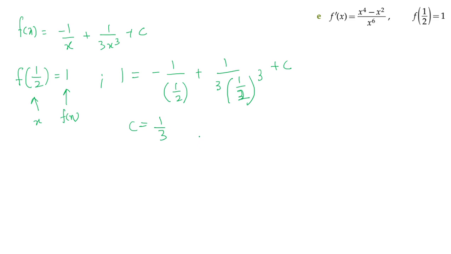Okay, so nak buat apa dengan c? Substitute back into the f(x). Therefore, your f(x) is equal to negative 1 over x plus 1 over 3x cubed plus 1 over 3. So therefore, this is the unique f(x). Kalau nak check, you boleh try to differentiate. Dapat tak f prime x awak tu?